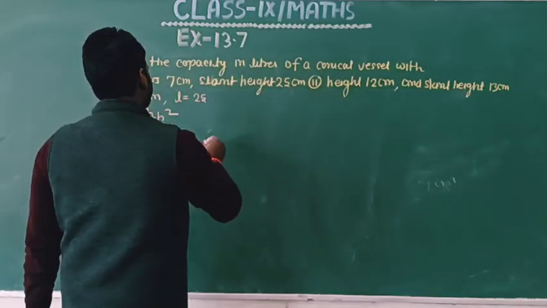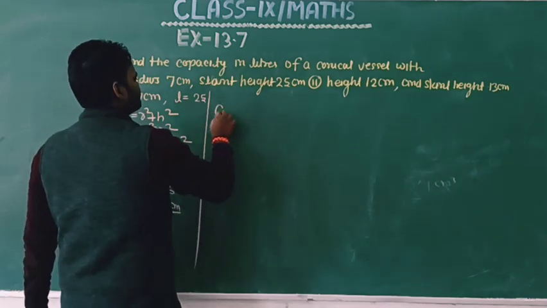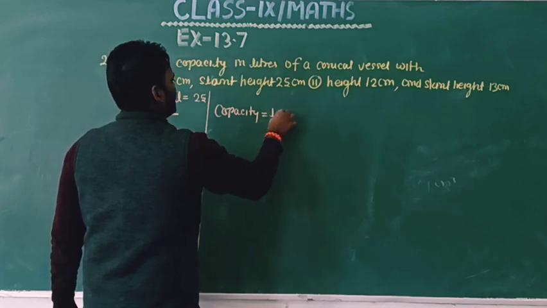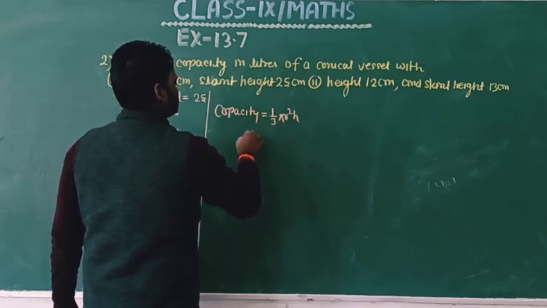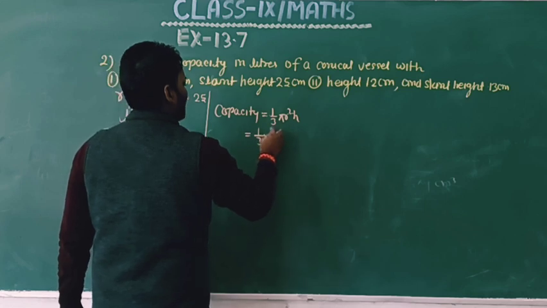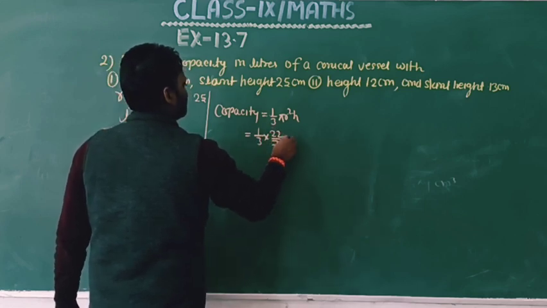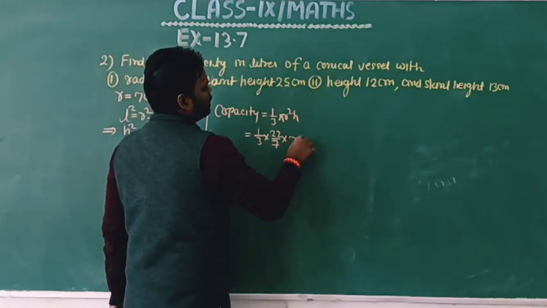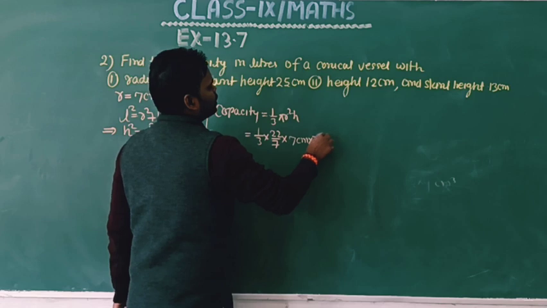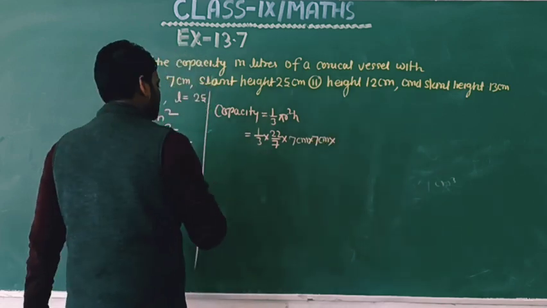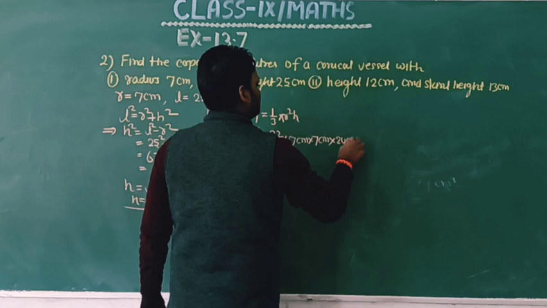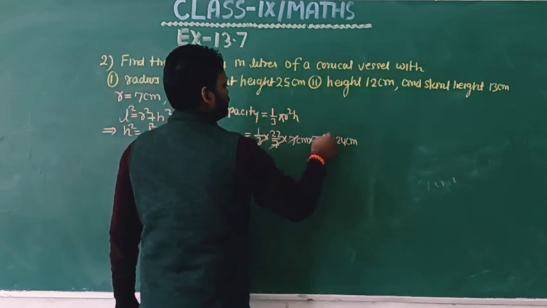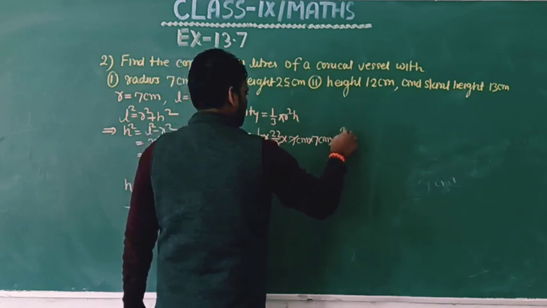Then its capacity equals 1/3 pi r square h, which is 1/3 into 22/7, radius 7 centimeter, so write 7 centimeter into 7 centimeter, and height 24 centimeter. So 7 cancels out, and 3 eights are 24.